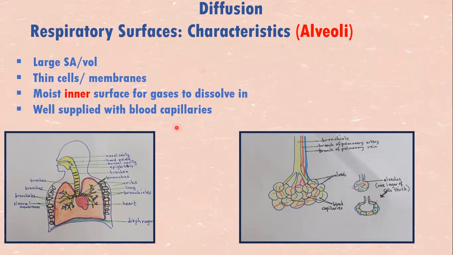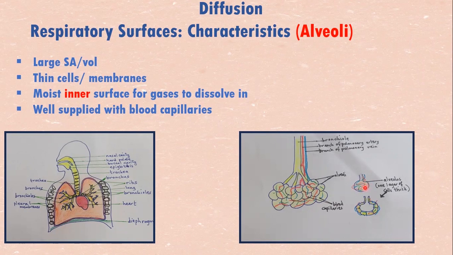So the alveoli have all these characteristics. Large surface area. The large surface area of the alveoli is brought about because there are numerous air sacs. They are not only numerous, but they are also sac-shaped to increase the surface area.